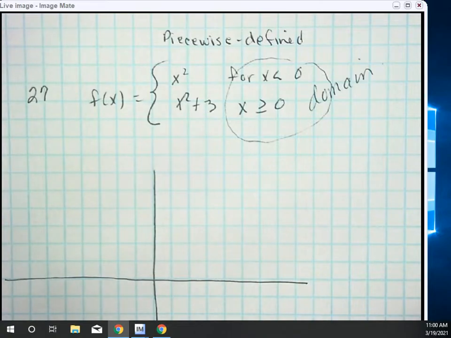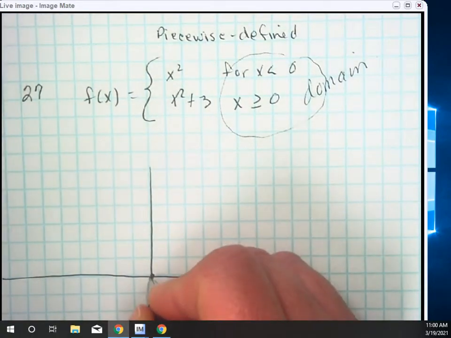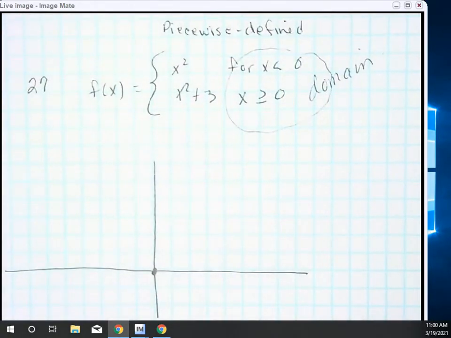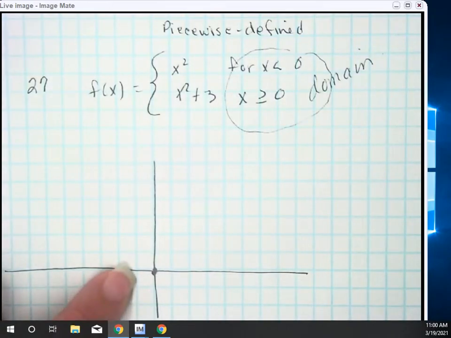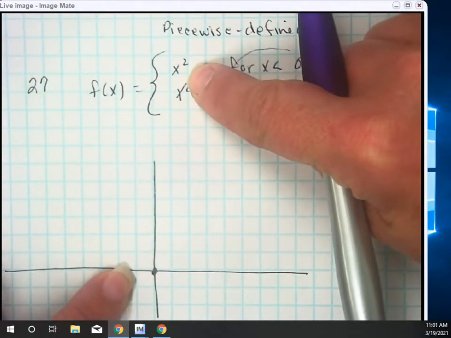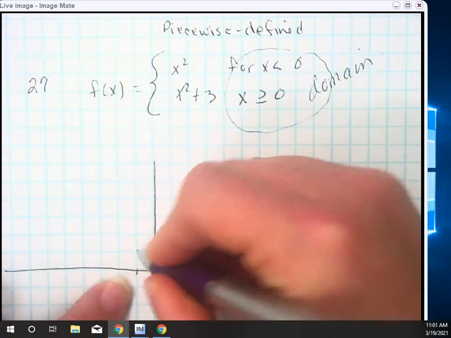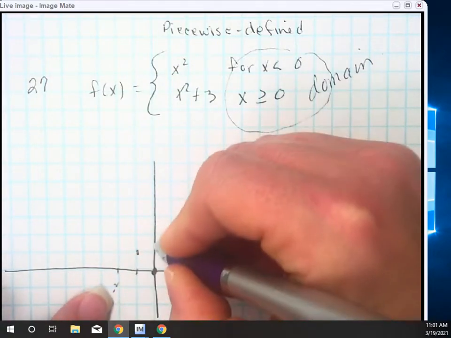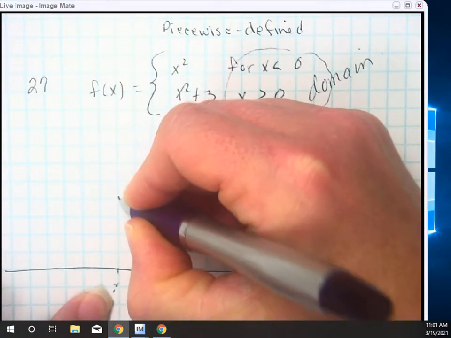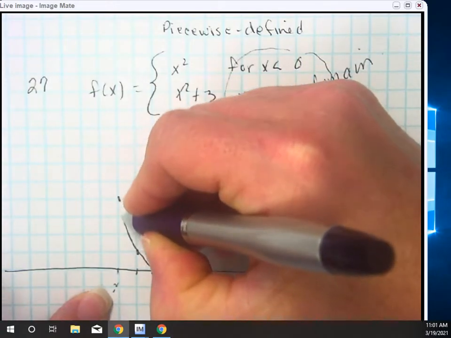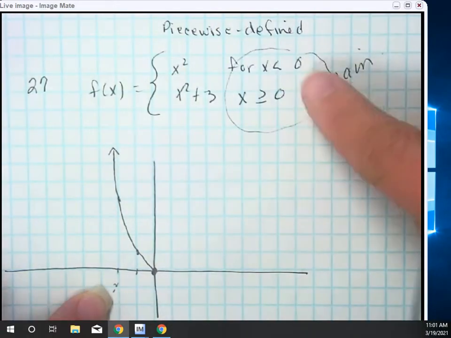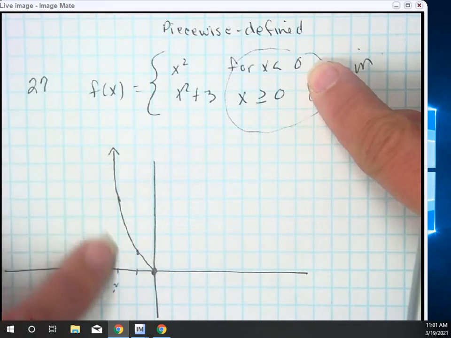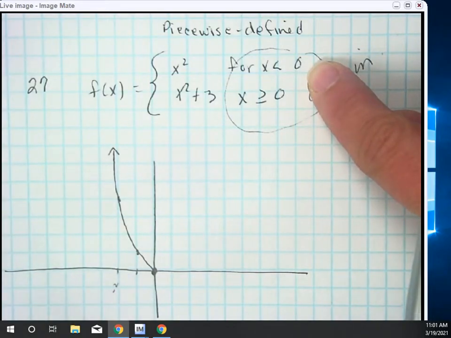Less than, left. So I'm going to start at my 0, 0, and then I'm going to go left. What is negative 1 squared? What is negative 2 squared? If I am less than 0, then this is the section of my graph that I'm on.